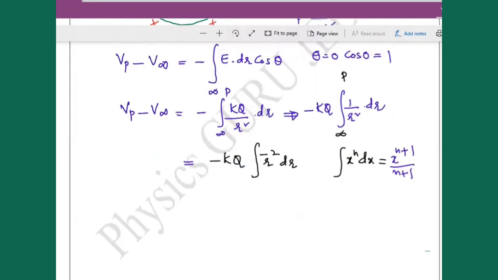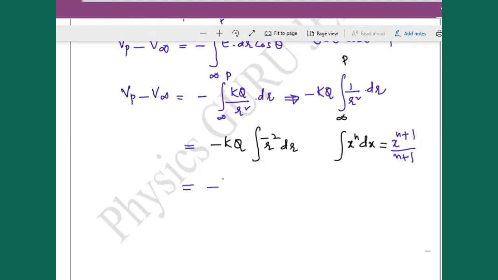If I apply it here, minus KQ times the integral from infinity to point P. Point P means P is at a distance of small r. Then I can write r to the power of minus 2 plus 1 divided by minus 2 plus 1, applying limits infinity to r.